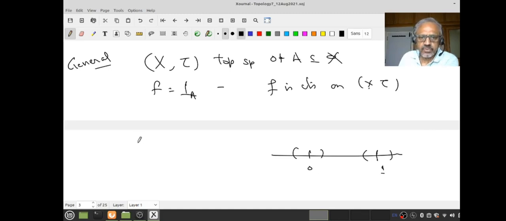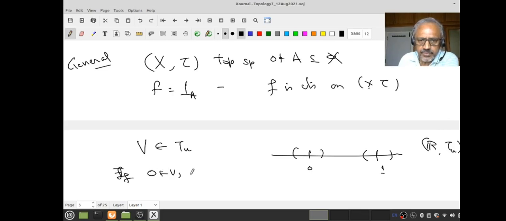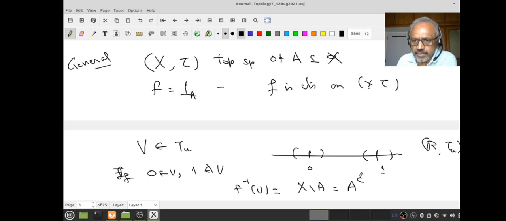If V is an open set in the usual topology on R, what are the possibilities? If 0 is in V and 1 is not in V, then F inverse of V is X minus A, which is A complement.